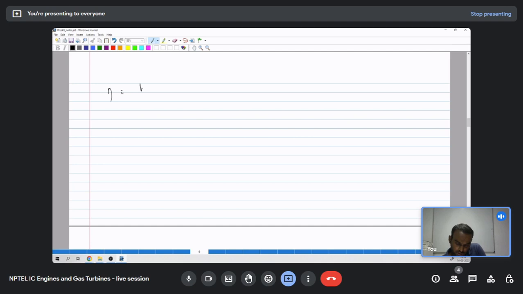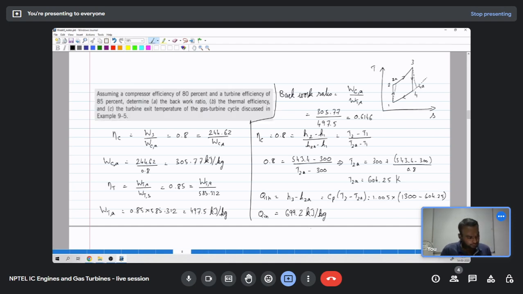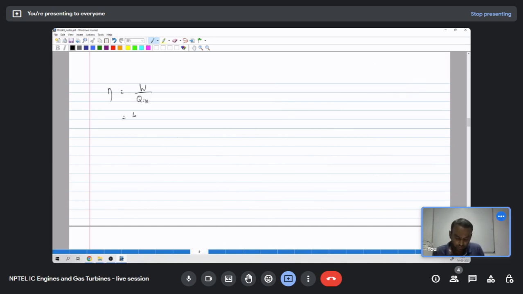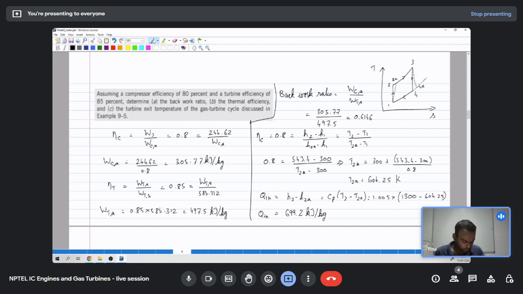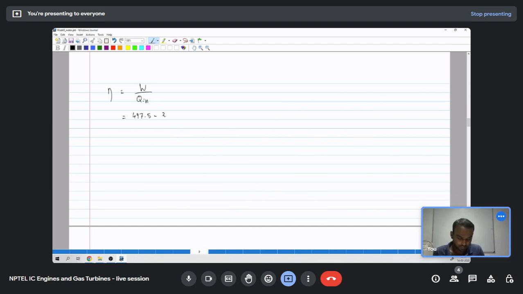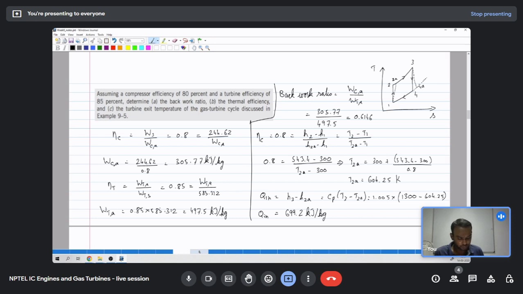Thermal efficiency is W net divided by Q in. W net is turbine work minus compression work: 497.5 minus 305.77, divided by Q in, which is 699.2.